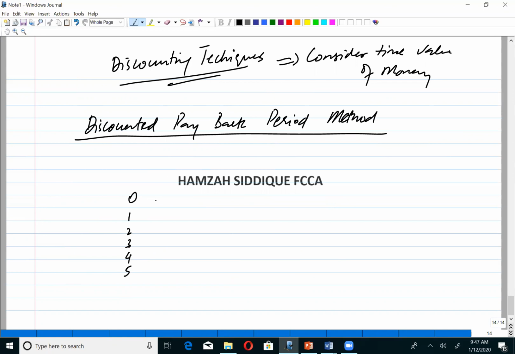Make it 100 million, then 30 million, 35 million, 45 million, 20 million and 60 million. Students, calculate its payback. Be quick. Simple payback, which we learned a few minutes ago.